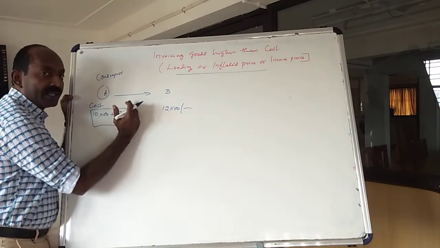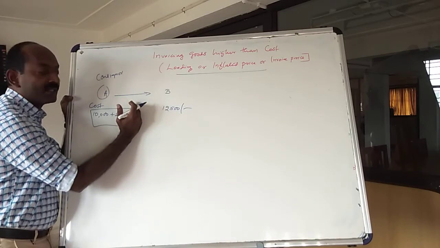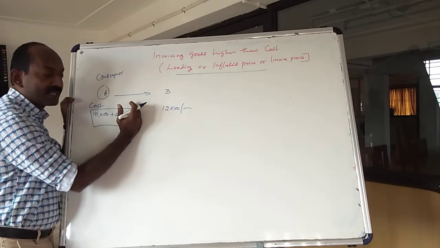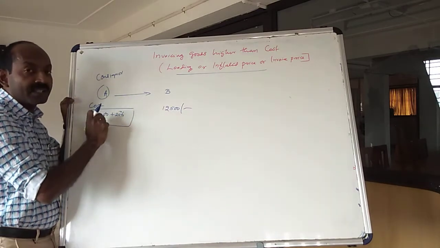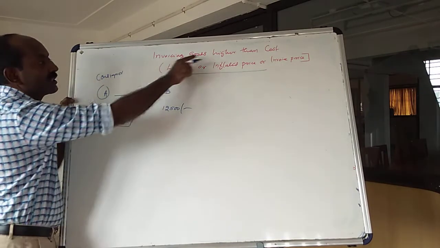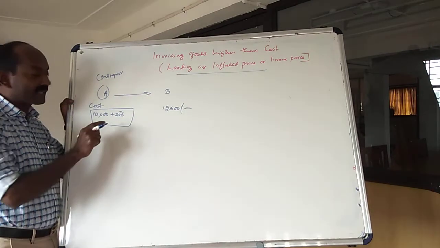Therefore, in order to hide the actual cost of the product from the consignee, the consignor invoices goods at a price which is higher than the cost.